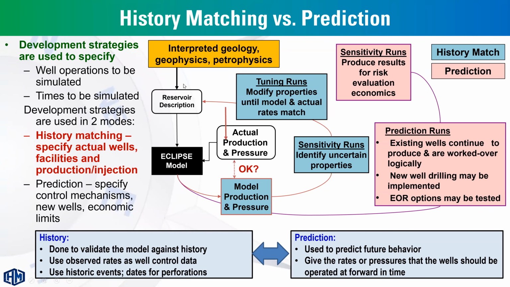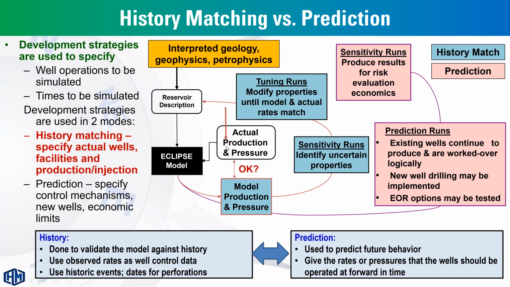So this is the workflow after model generation and running the model. You can solve for flow rates and pressure, and run sensitivity to identify the most uncertain parameters.